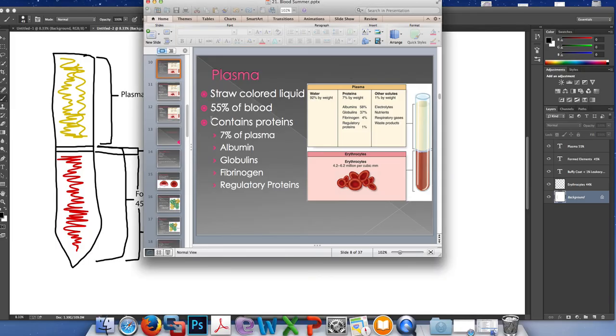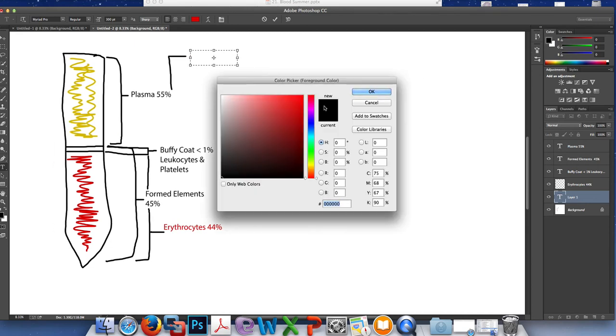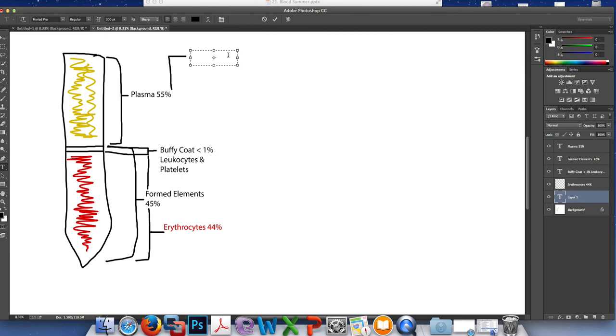So let's go back to this picture here and fill it in a little bit more. So we said that water, H2O, contributes to 92% by weight. Just a reminder.